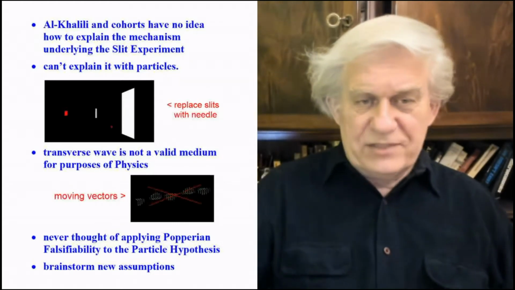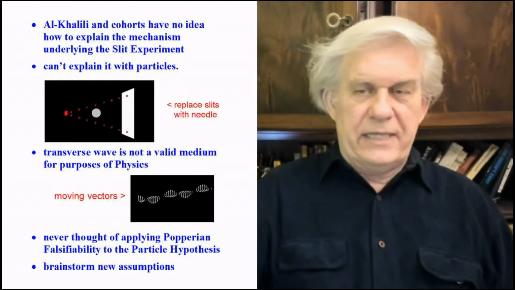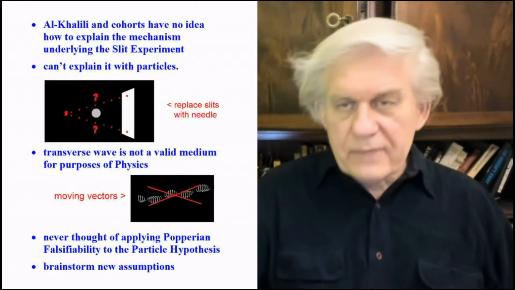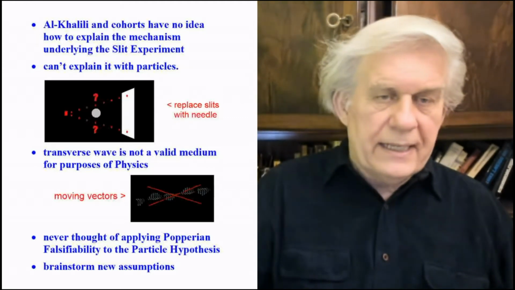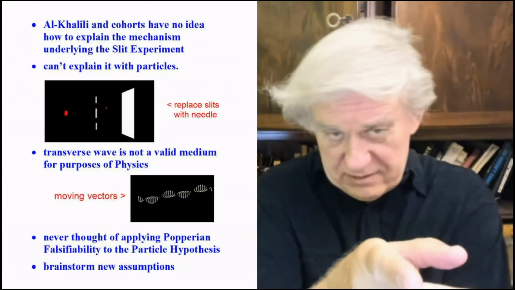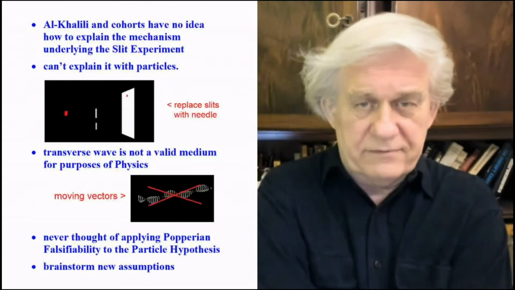Okay, transverse wave is not a valid medium for the purposes of physics, so you can't use the transverse wave. Okay, so that's the problem there. Let me get this thing here. Okay. So why? Because all those little lines that you see there, those are vectors, mathematical vectors.